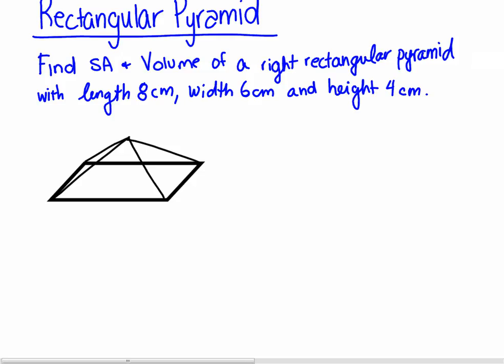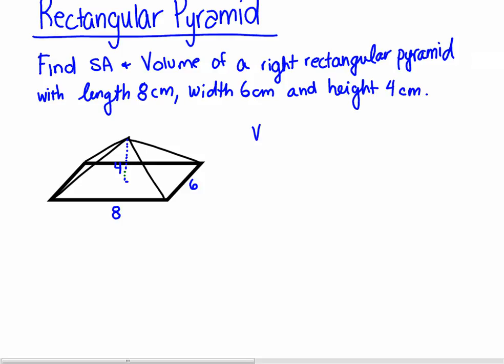Okay, so length is 8, width is 6, and height is 4. All right, so go ahead and find the volume of this shape.